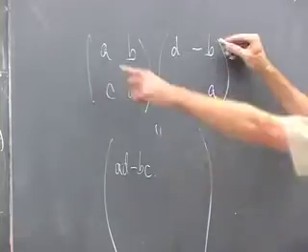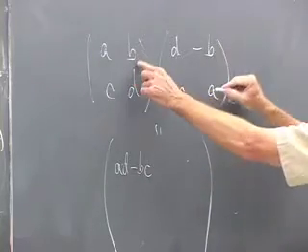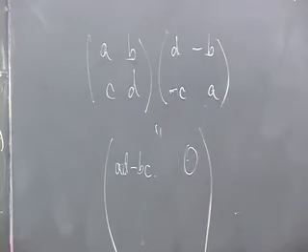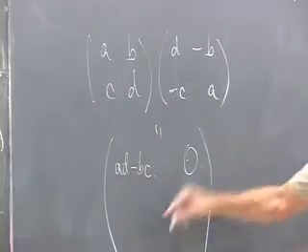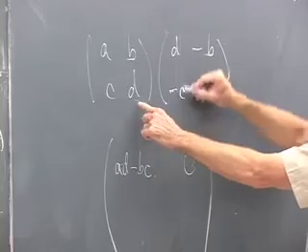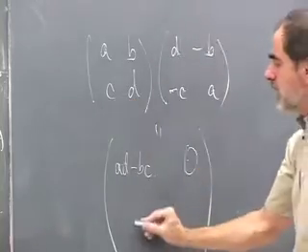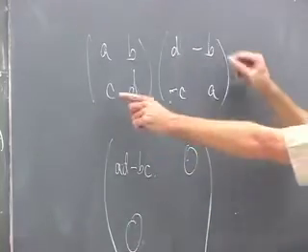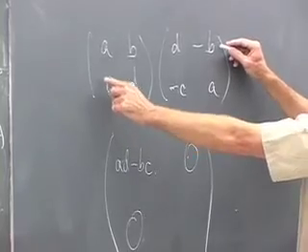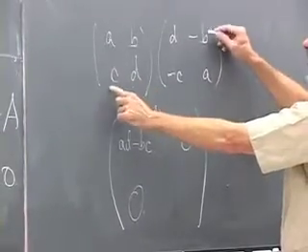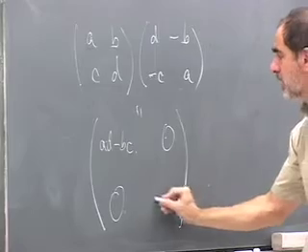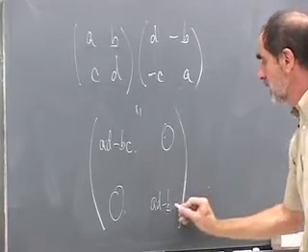The entry here, minus AB plus AB, so the entry here is 0. The entry here, I go across this row and down this column, CD minus CD, 0. And the entry here, I get minus BC plus AD. Same thing, AD minus BC.